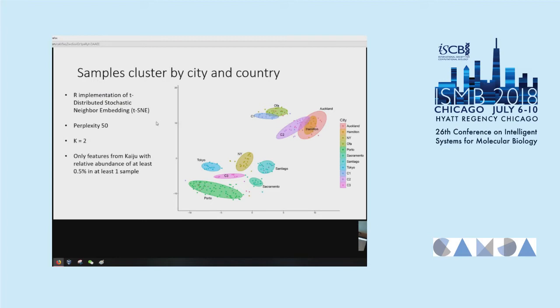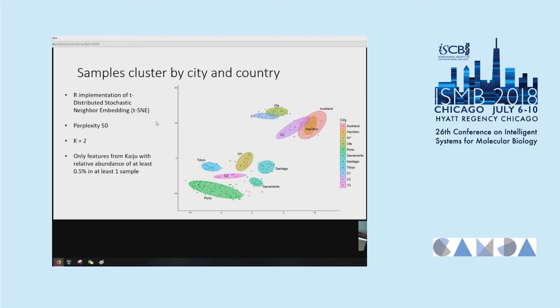We really form these discrete groups. And this isn't just a feature of t-SNE; a few different methods that I tried produced quite similar results, which was quite reassuring. So what we can see here is that most cities tend to form discrete units, except Auckland and Hamilton, 2 cities in New Zealand, which don't, and they overlap quite a lot.